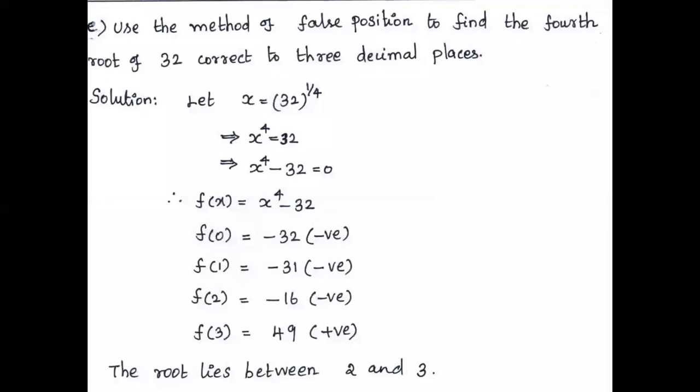Therefore, the root lies between 2 and 2.4514. So now consider a as 2 and b as 2.4514. Substituting in x3, after simplification we get 2.3992 as the answer. So the third approximation is 2.3992.